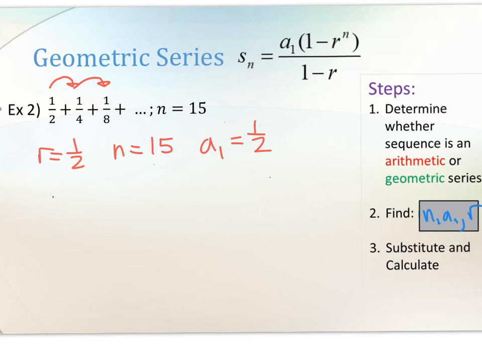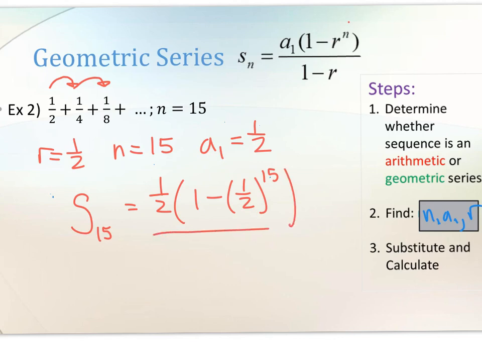Now that we have this, we can just follow our formula. So the series evaluated to 15 terms is 1/2, because that's my first term, times 1 minus, and I'll put this in parentheses, 1/2 to the power of 15, because that's our n, close parentheses, divided by 1 minus 1/2. Now, this one is going to be tricky to evaluate.